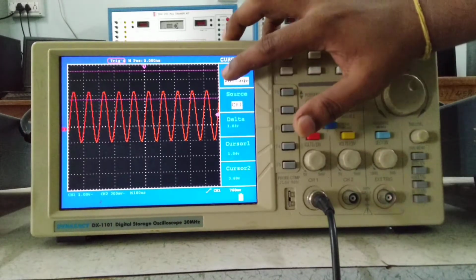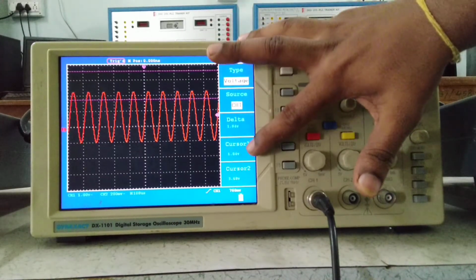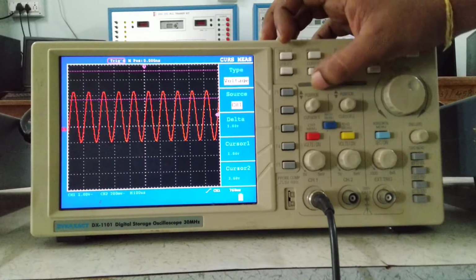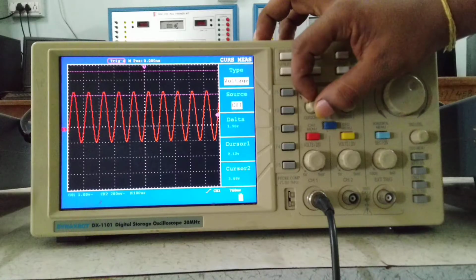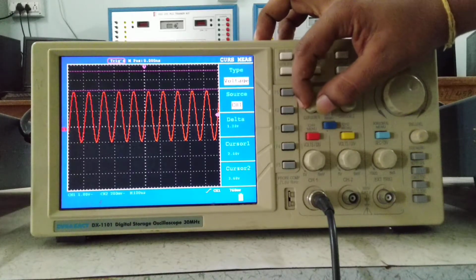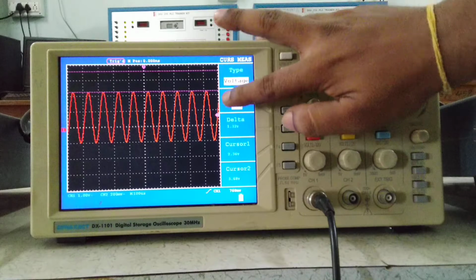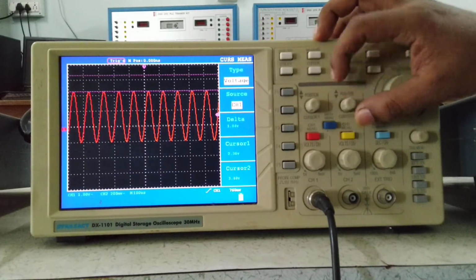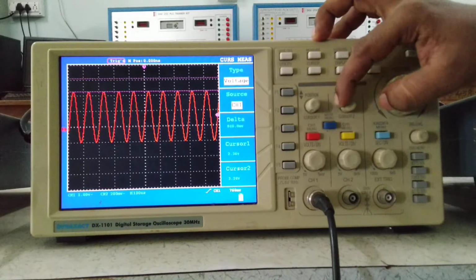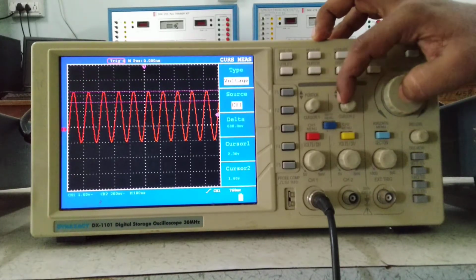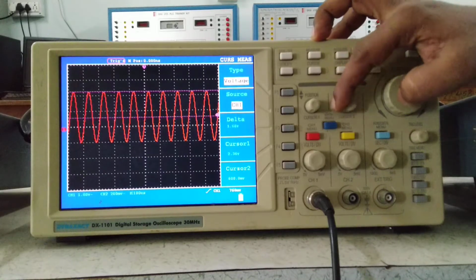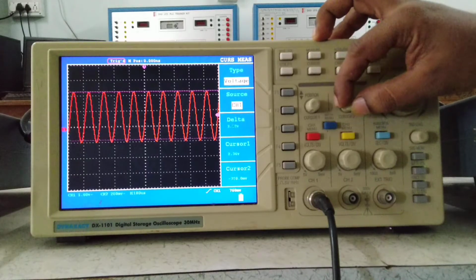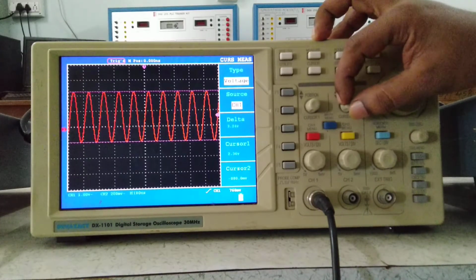For example, cursor 1 position is indicated, suppose now, as 1.84. To adjust the position of cursor 1, I have to adjust the position knob of channel 1. You can see the variation. I will fix it at the top side of the wave. Now I'll adjust cursor 2 at the bottom side of the wave.